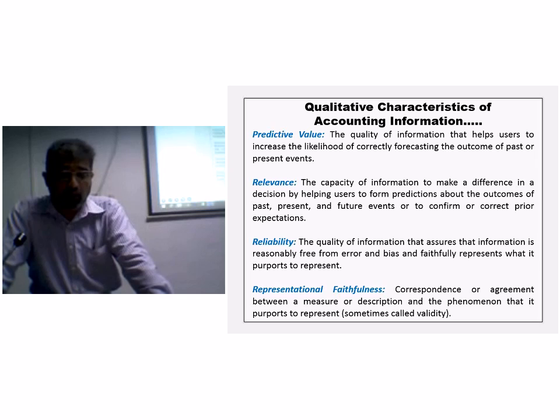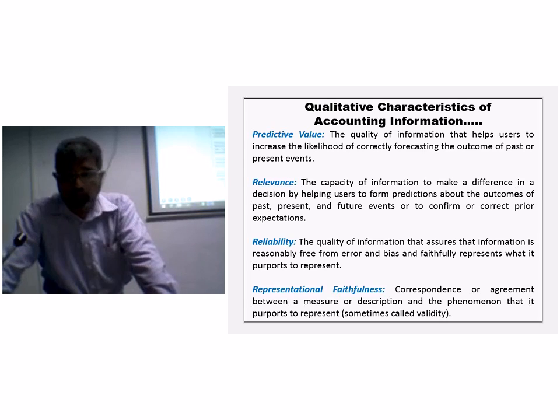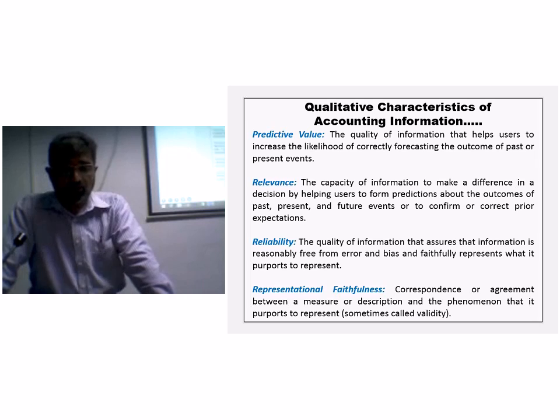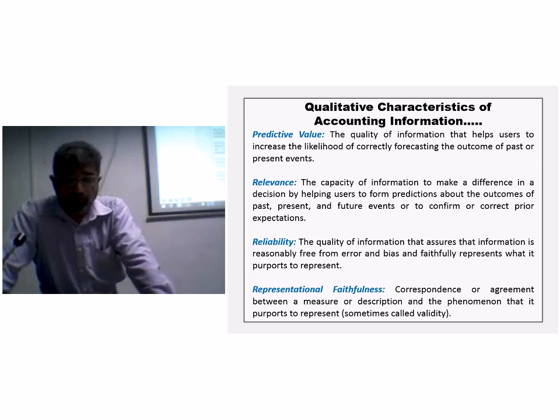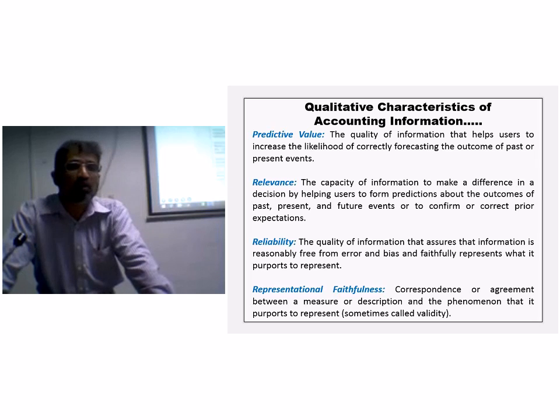Another one, reliability: the quality of information that assures that the information is reasonably free from errors and bias and faithfully represents what it purports to represent. Even though we have audited financial statements, you know that auditors give their opinion based on a sample.